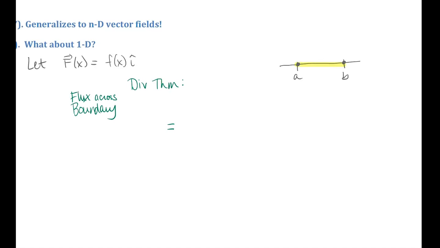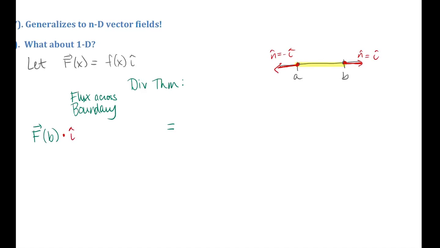So flux across the boundary, I only have 2 points that are my boundary points. So I want to take f dotted with my normal vector. Notice my normal vector here on this boundary is just going to be -i, and my normal vector here on this boundary is going to be i. So if I take the dot product, I'm just going to do f at the right side first, f of b, dotted with the normal vector, which is just i hat.